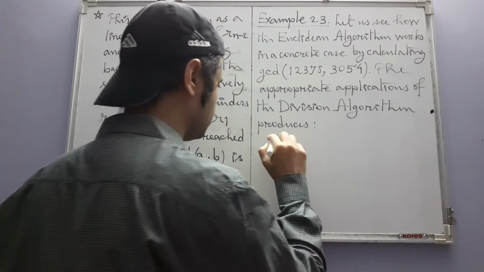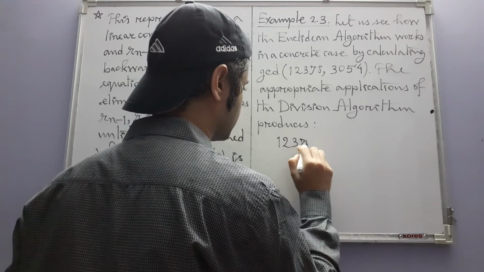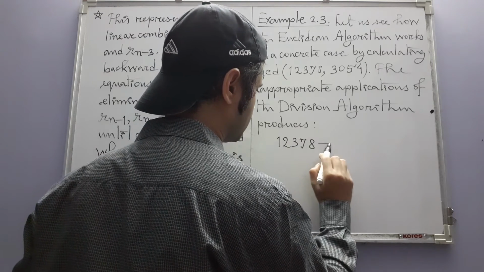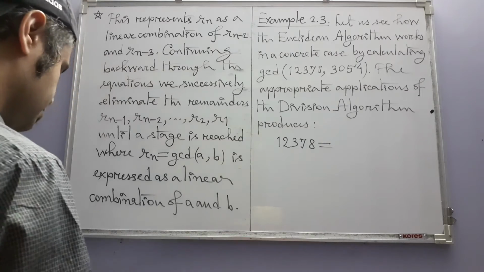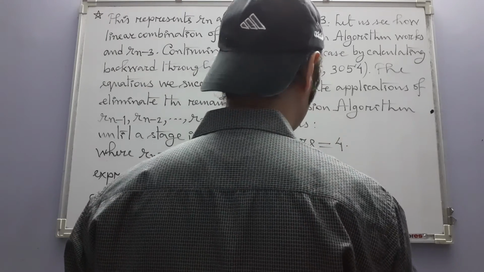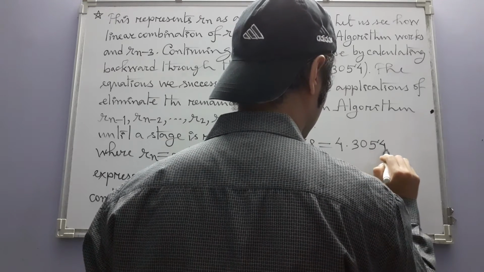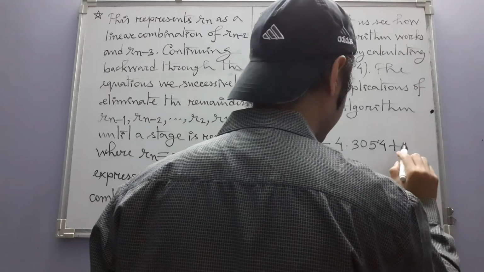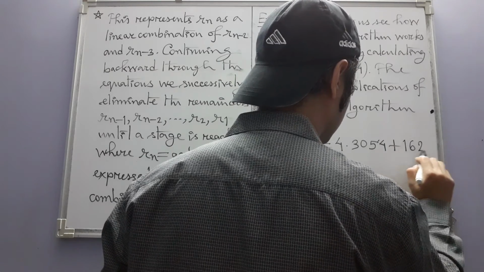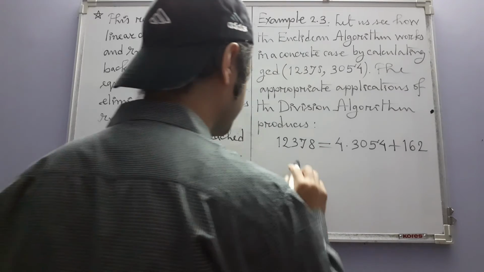So here we are of course dividing the larger one by the smaller one. You can of course verify these calculations using a calculator, or if you really want you can do it on paper also.